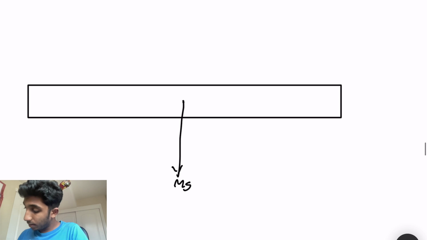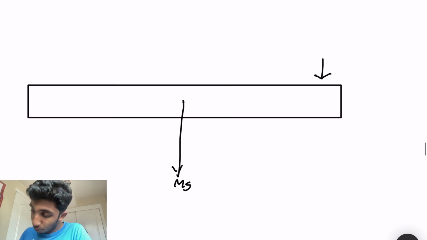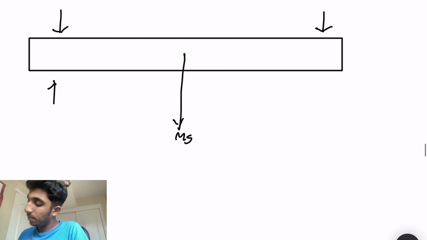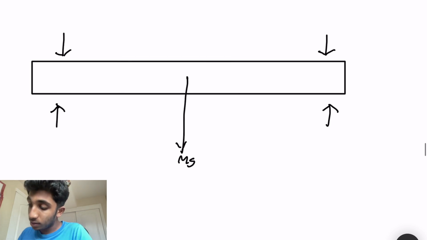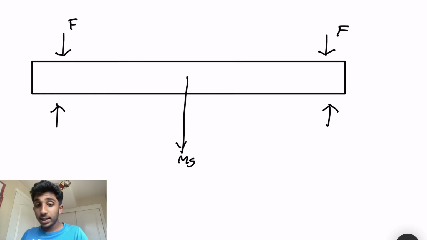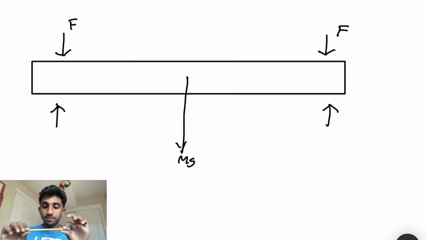So we can write all these forces out like such. We'll have a downward force on both sides of the top, and we'll have an upwards force on both sides of the bottom. For symmetrical purposes, we're going to assume that the forces on the left and right are equal. If they weren't equal, that would actually generate a torque. I'm going to talk about this later, but the pencil must stay at rest.